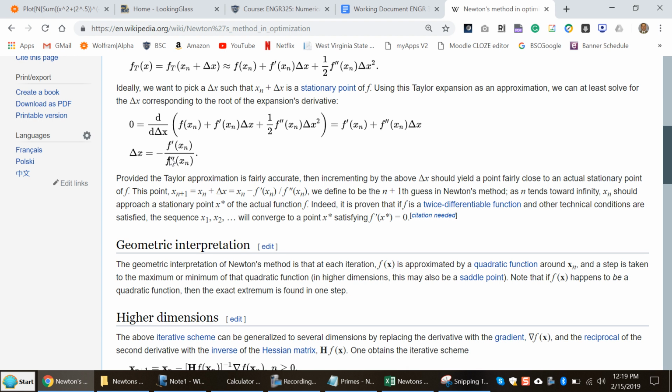But your original formula is just the function divided by the first derivative. You're just moving up a derivative.